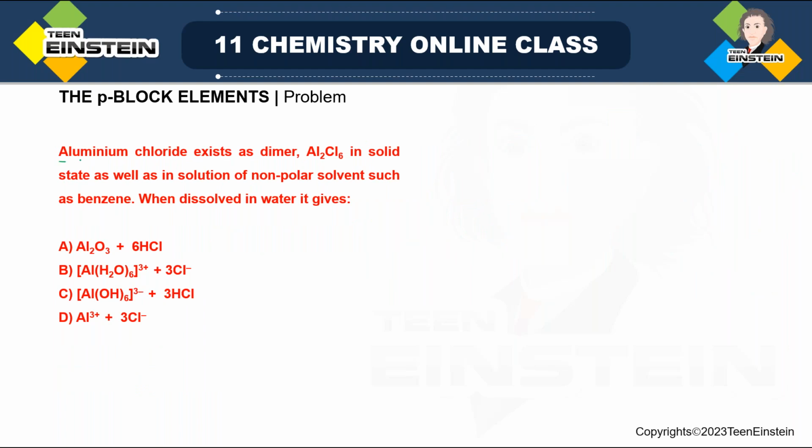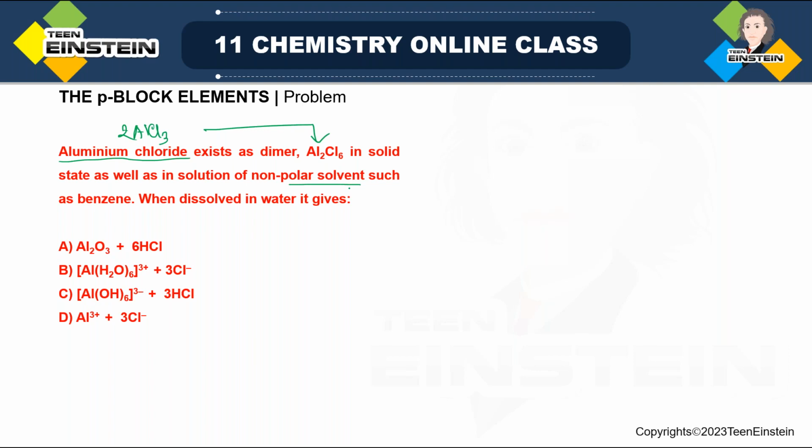This is related to aluminium chloride. Aluminium chloride exists as dimer, Al2Cl6. So when it forms dimer, if you take two of these, obviously it will be Al2Cl6. That is correct, in solid state as well as in solution of non-polar solvents such as benzene.